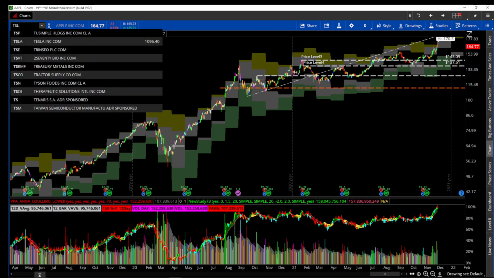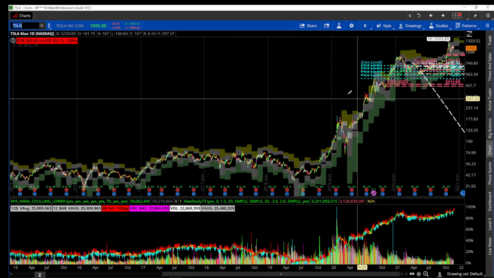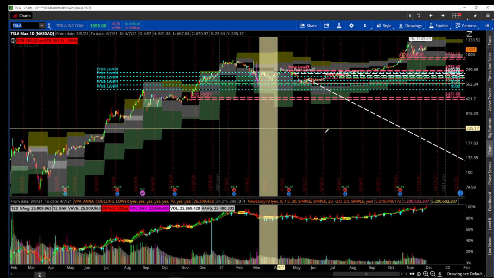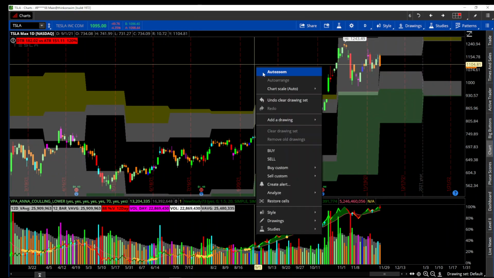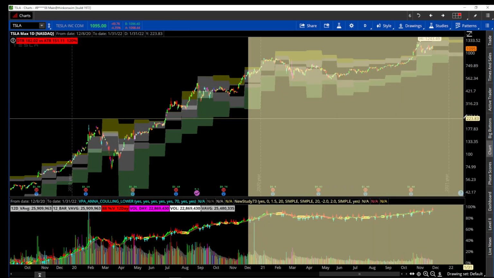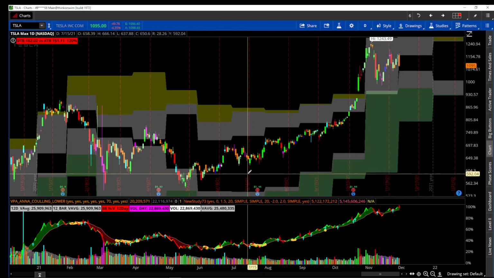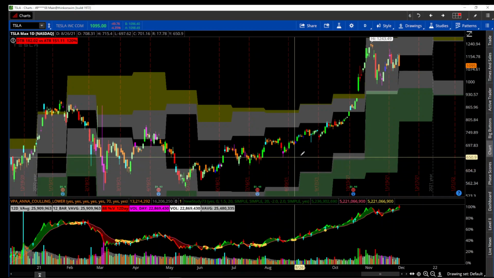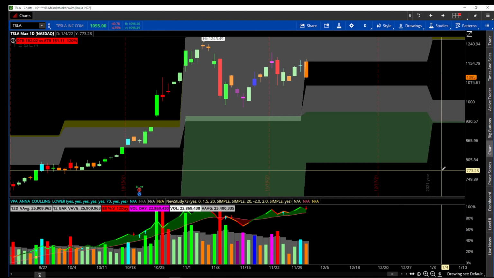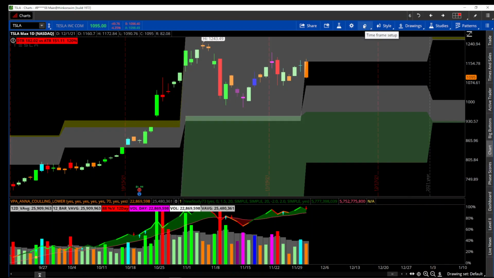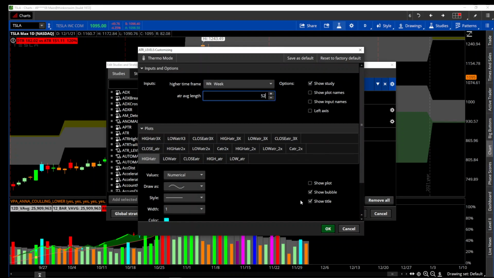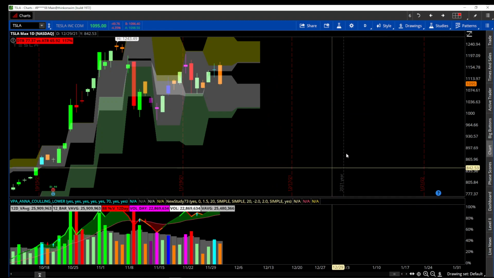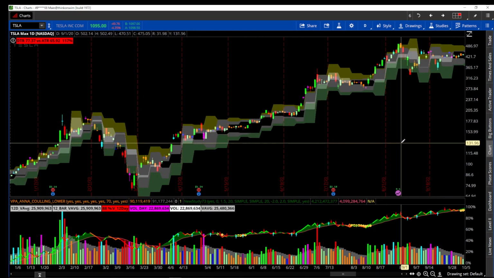And let's do Tesla. Get rid of the drawings and let's just look at it as is. Looks pretty good. Let's push it down. Let's do 52. Let's see what happens. I guess it looks kind of weird, huh?